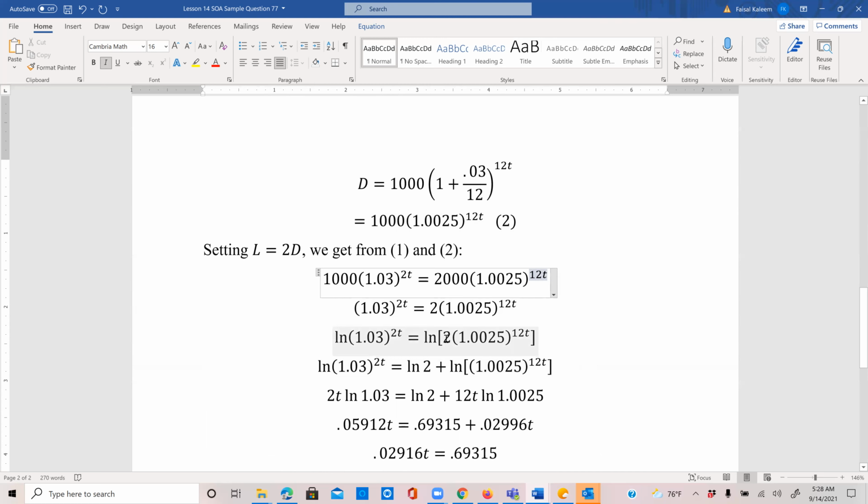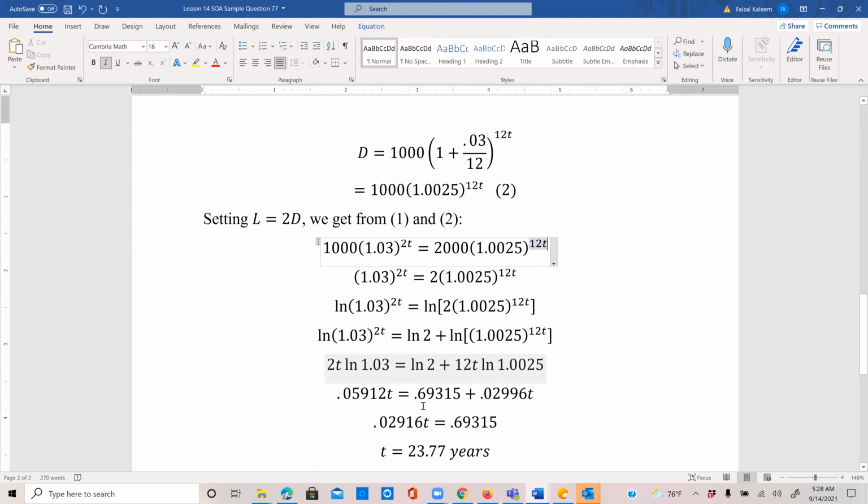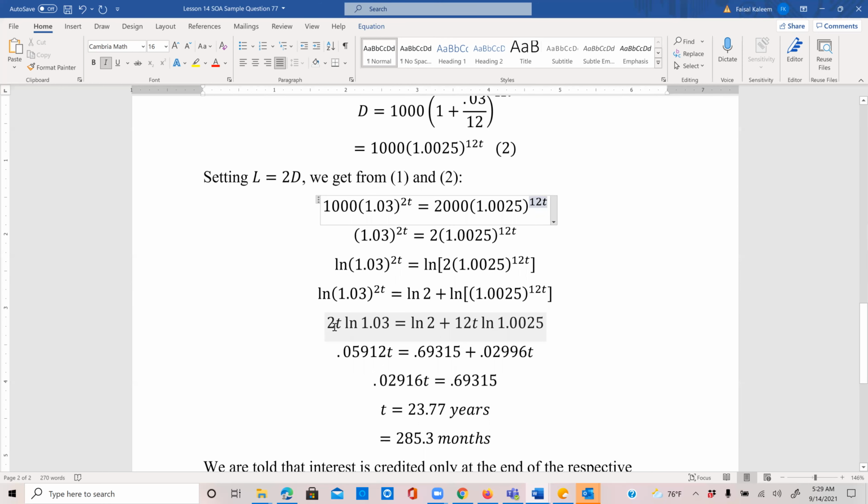On the right side, this is a product, so it breaks into ln 2 plus ln of the other quantity, and then we use the power rule of logs. So this is 2t ln 1.03 equals ln 2 plus 12t ln 1.0025. Then we calculate ln 1.03 multiplied by 2, and we get 0.05912.